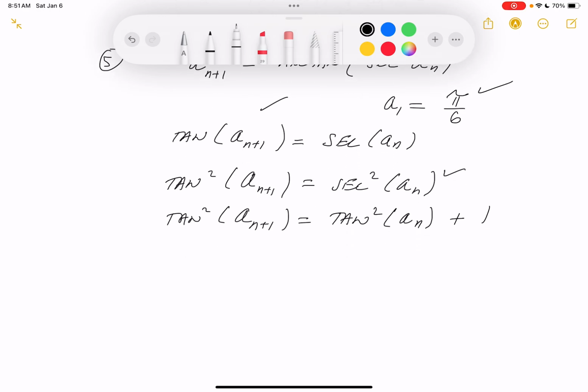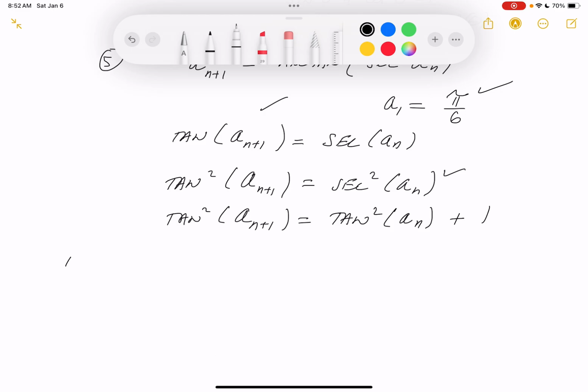I want to start off with the seed value and with what they said: given the seed value of pi over 6, find a positive integer m. This is where I have to start thinking and be clear about it. Let me write this down now.